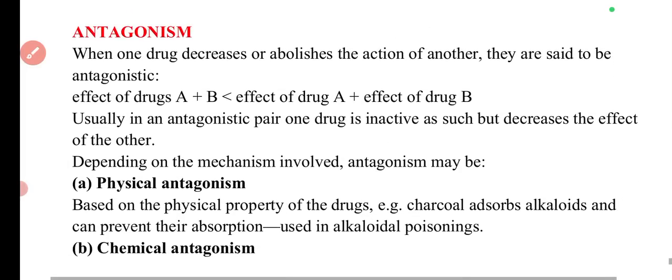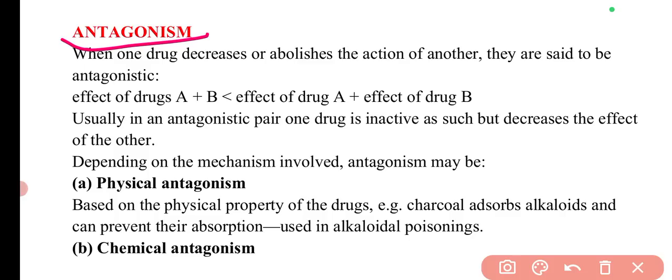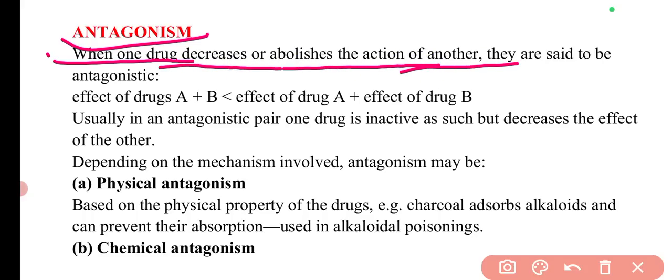Then moving to the next part, antagonism. So basically antagonism can be of different types, and drug interaction can be of different types. Antagonism is a term which is used when one drug decreases or abolishes the action of another drug, they are said to be antagonists. Means it will decrease or destroy the activity of the other drug, that is the antagonist part.